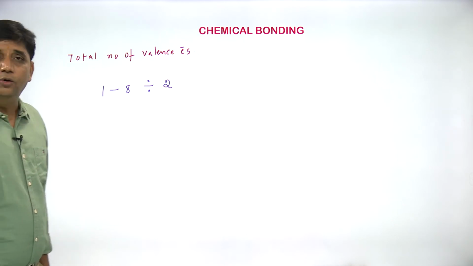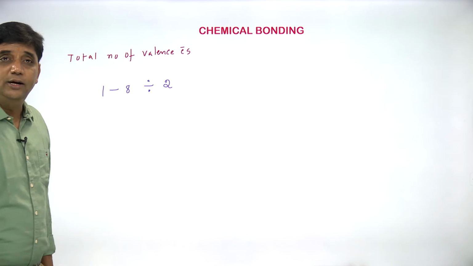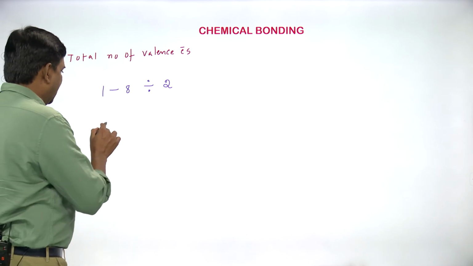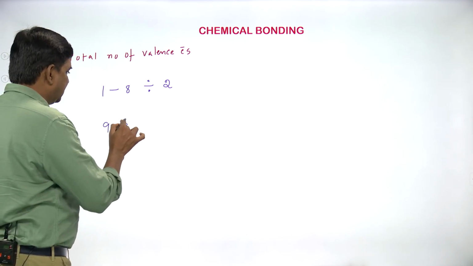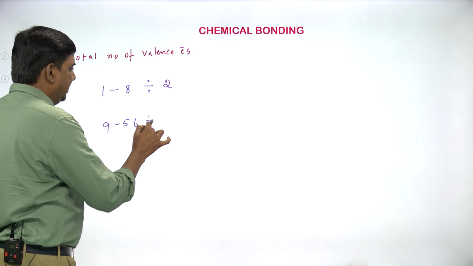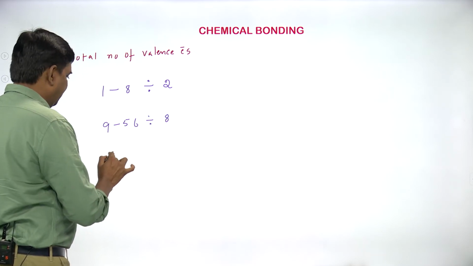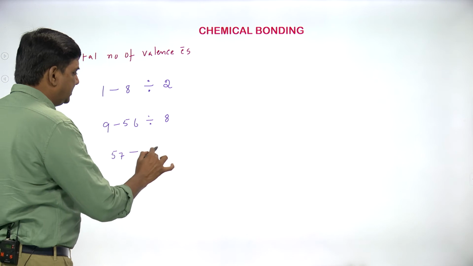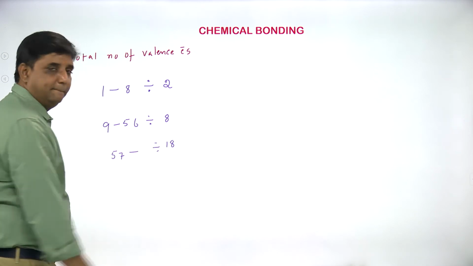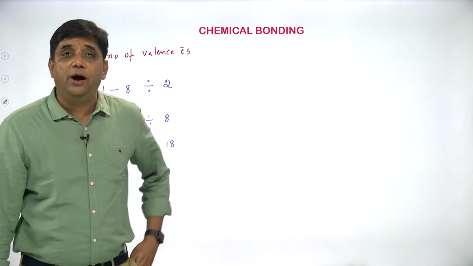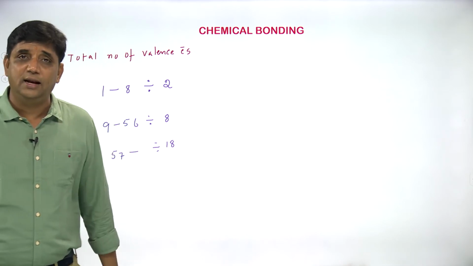If it is 9 to 56, it should be divided by 8, and 57 to whatever it is, it should be divided by 18. In a molecule, you have to calculate the total number of valence electrons.